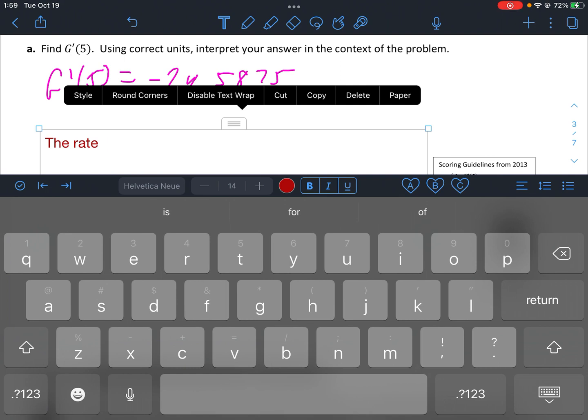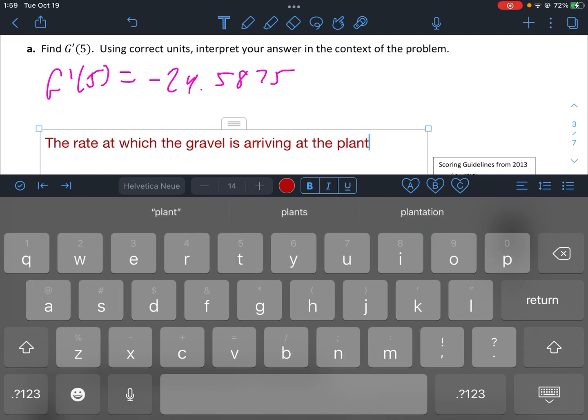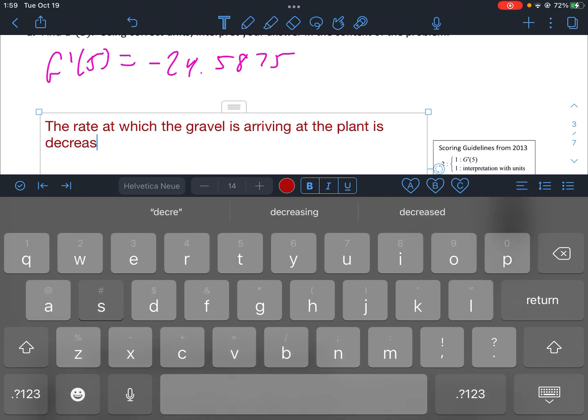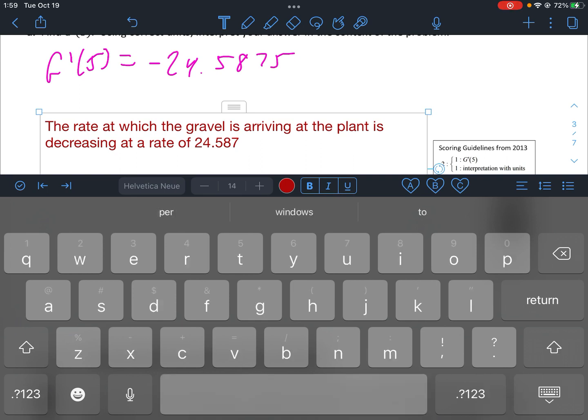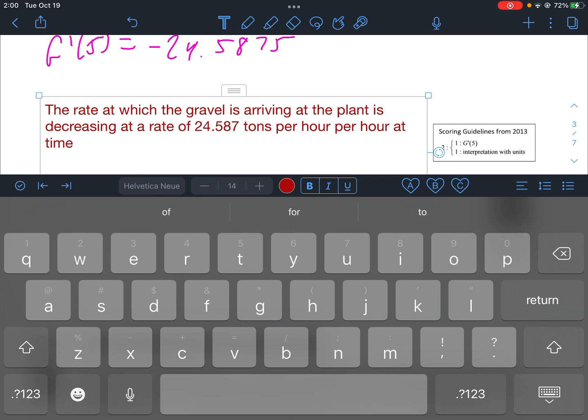We would say the rate at which the gravel is arriving at the gravel processing plant, or just the plant, is decreasing at a rate of 24.587 or 588. They would accept either of those answers. Tons per hour, or tons per hour squared, when at time T equals 5 hours.